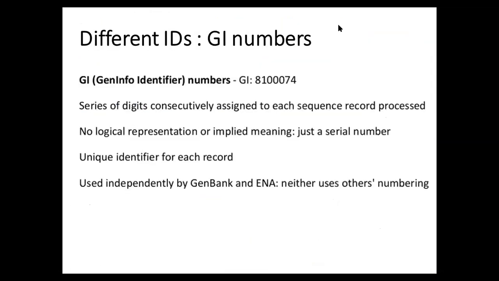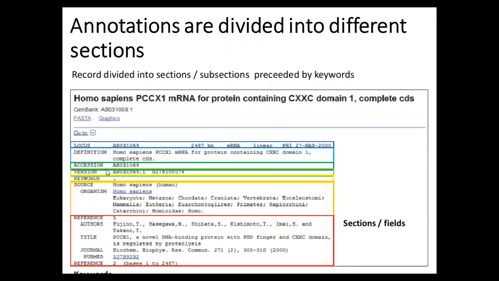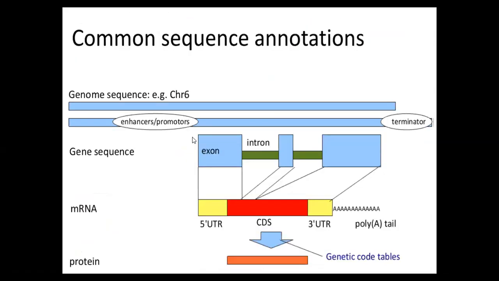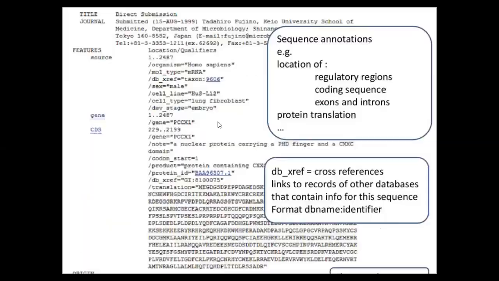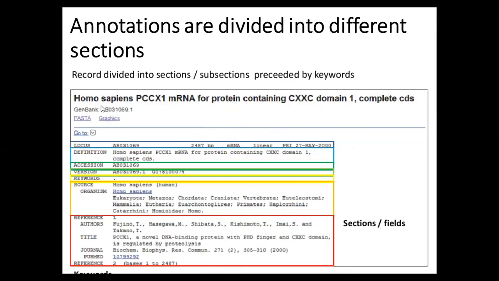And there are different IDs. If you see in this record, there's the accession number, the version number, and the GenBank number. What are they? That's what we are going to look at now. GI, gene information identifier, is the GenBank identification number.